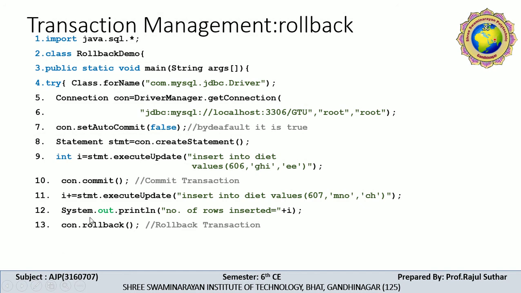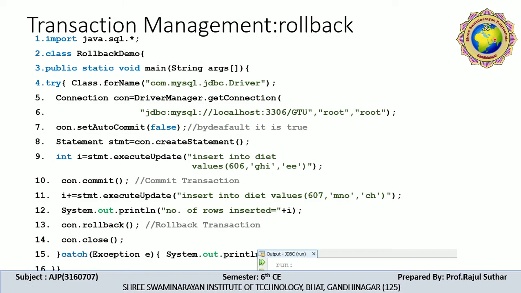While we perform this rollback, only one transaction will be rolled back. The earlier transaction cannot be rolled back because after it we have written the con.commit statement. So commit makes the transaction successfully saved. Let me discuss the output.